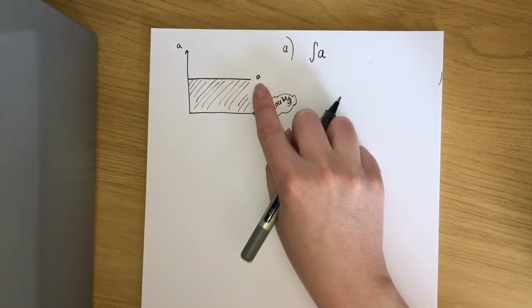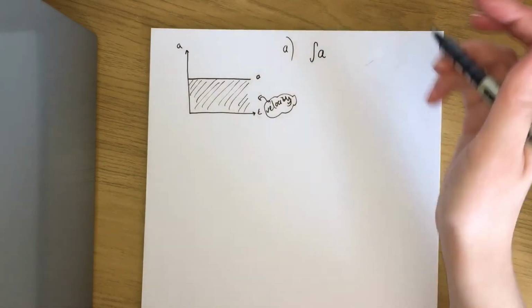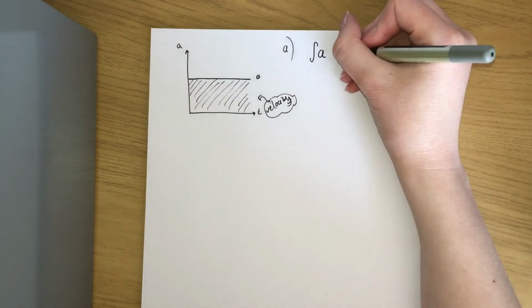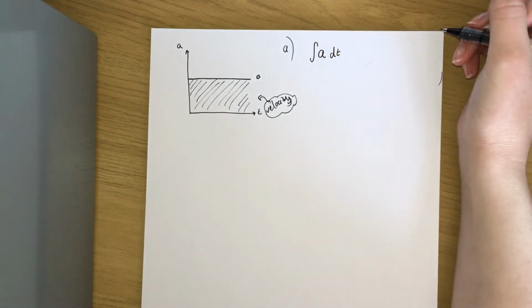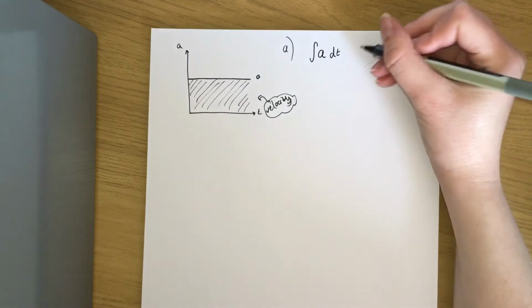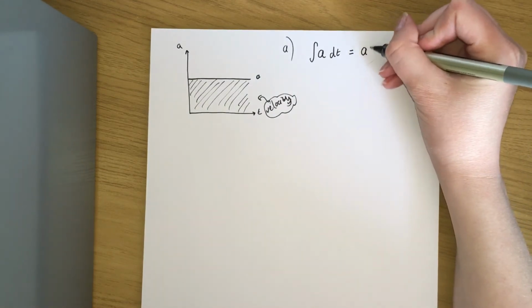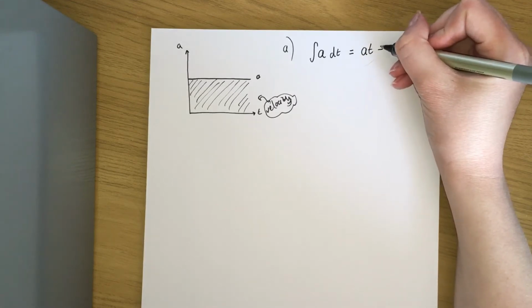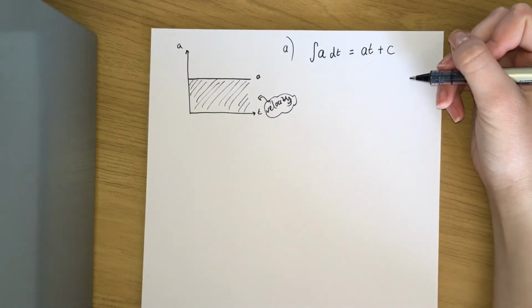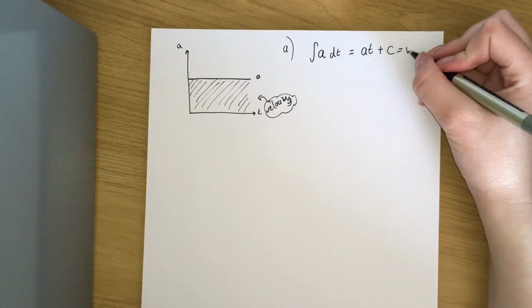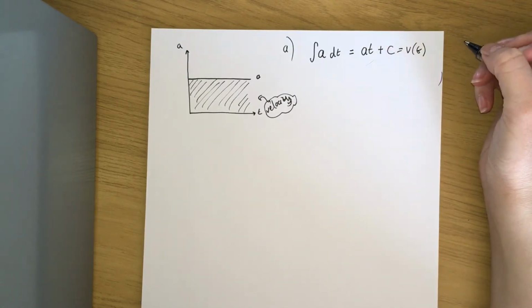Because it's just a constant, it's just a number, we're using the letter a to represent that constant. And I'm going to integrate it with respect to t, because my functions are in terms of time. So if I were to integrate that, it'd be at plus a constant c. And this is equal to velocity in terms of time.